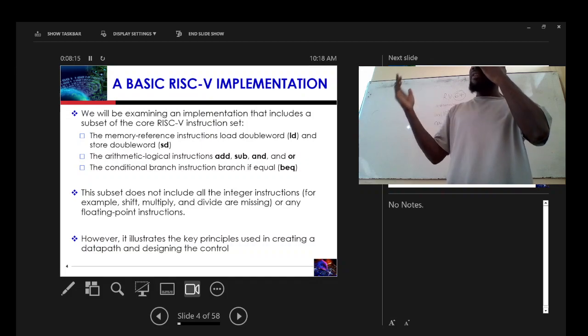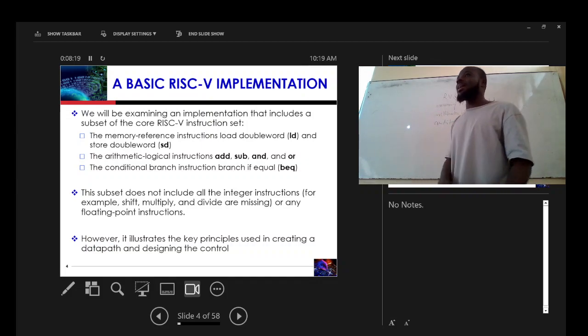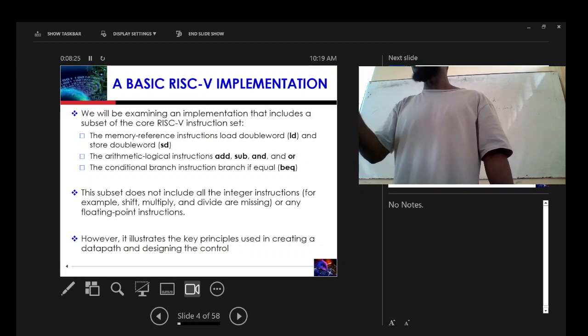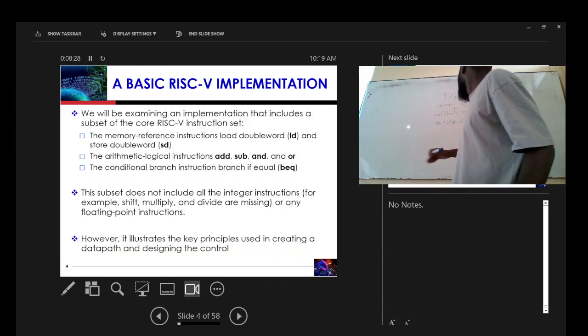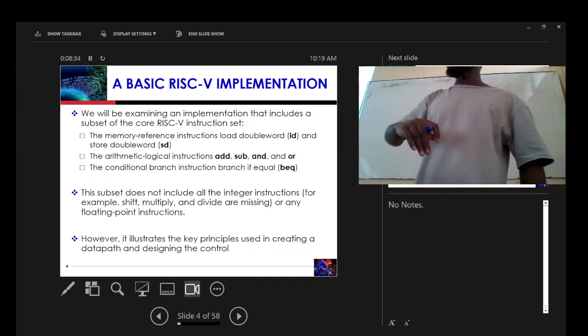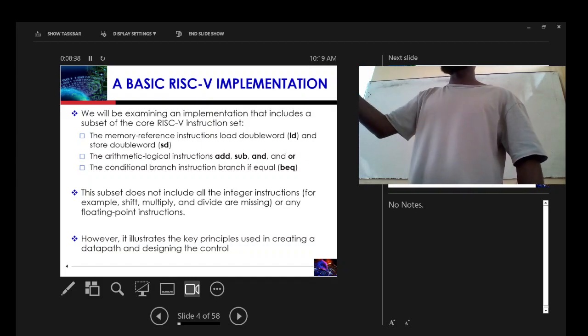Now we are not dealing with the rest because all of these three formats can be used for any of them. So for your assignment, I'm going to show you how to deal with these one, two, three, four, five instructions, right? And then you're on your own. So it means that you can do as much as you want.